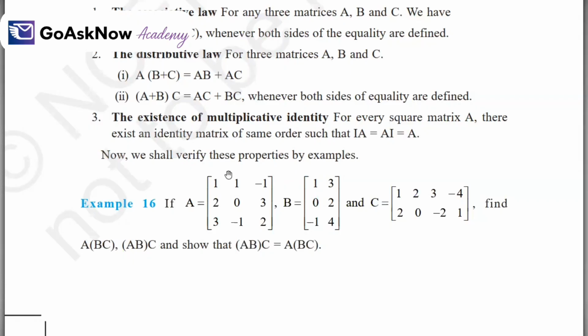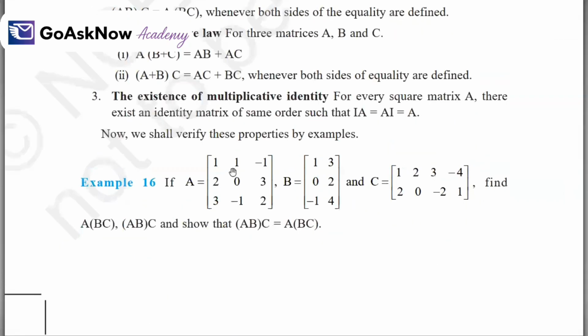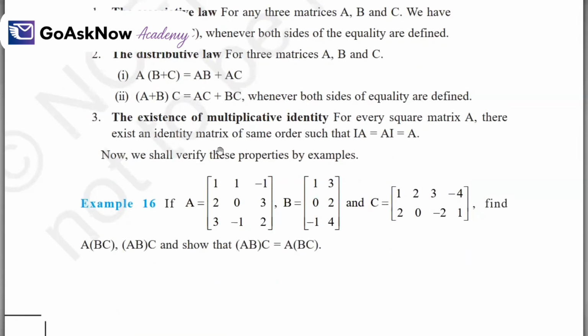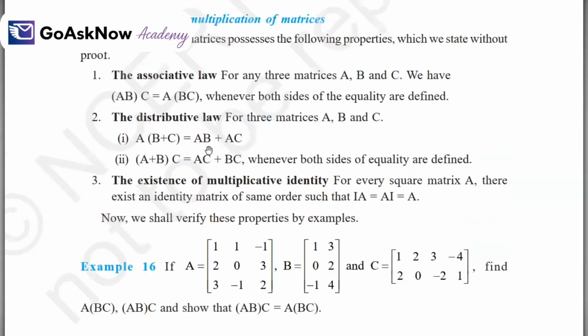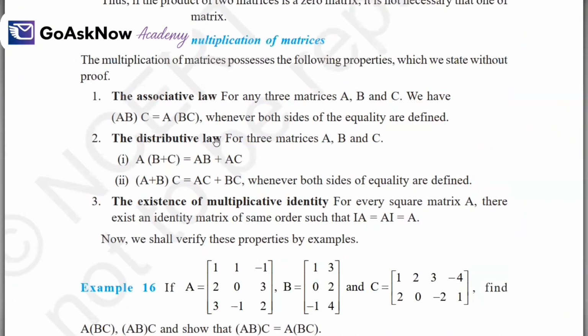So I leave it for you to see how these multiplications are associative. You can find out the proof of this. You don't need to remember the proof, but you should know that these are properties followed by matrix multiplication.